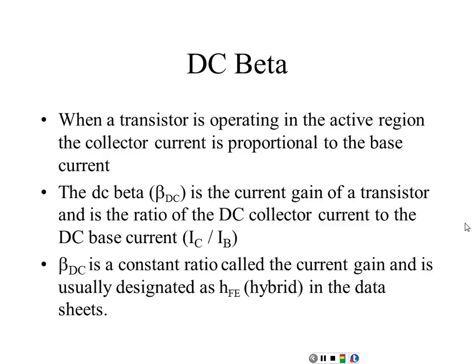When a transistor is operating in the active region, the collector current is proportional to the base current. The DC beta is the current gain of the transistor, the ratio of the DC collector current to the DC base current. Beta has no units. It is not amps, it is not ohms, it is not volts, it is not Tuesday, it is not Wednesday.